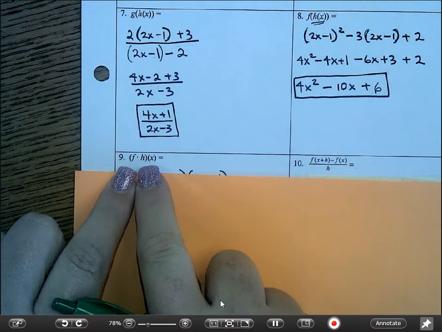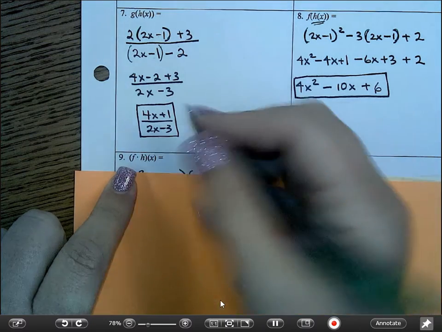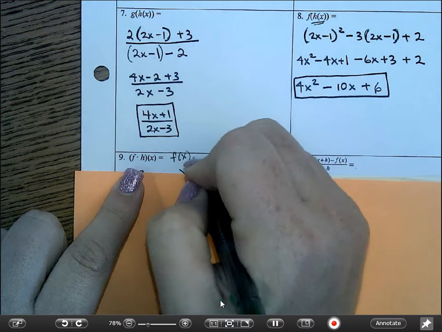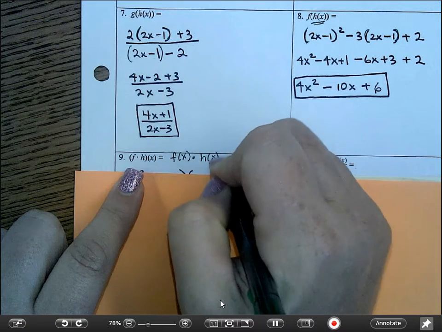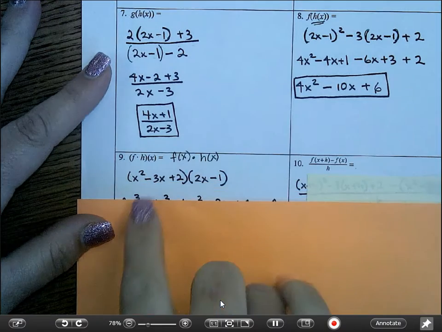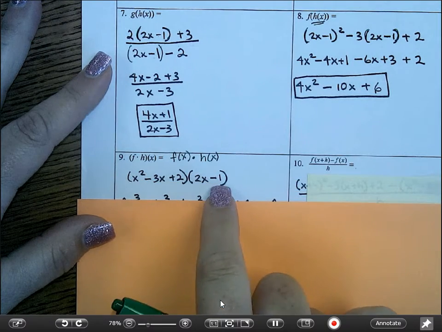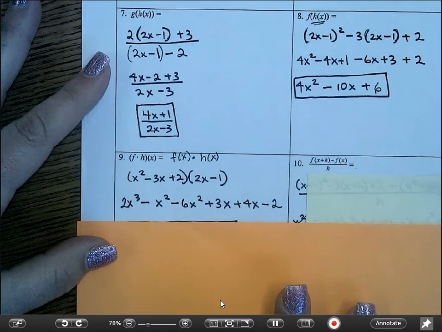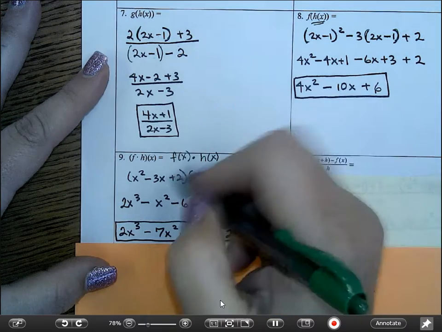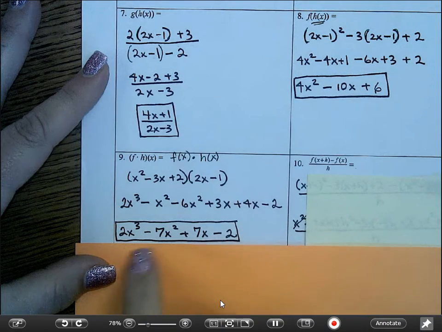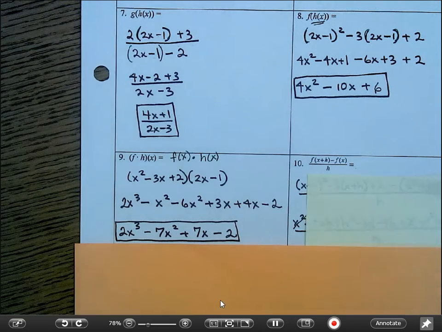We are asked just to multiply. So this is like saying take f of x and multiply it by h of x. So that's just simply f of x times h of x, and you're just distributing, multiplying, and then combining like terms.